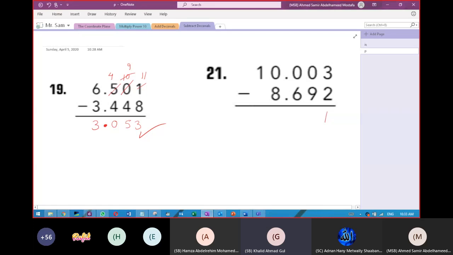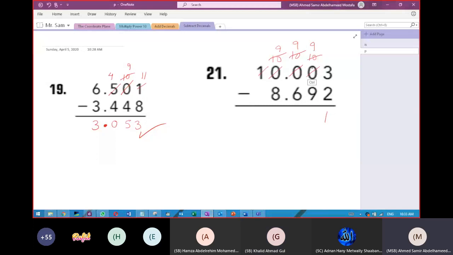The 0 to the right of the 1 will become 10, then 9, then the 0 to the right of the decimal will become 10, then 9 again, then on the right it will become 10. Just 10, not 9.